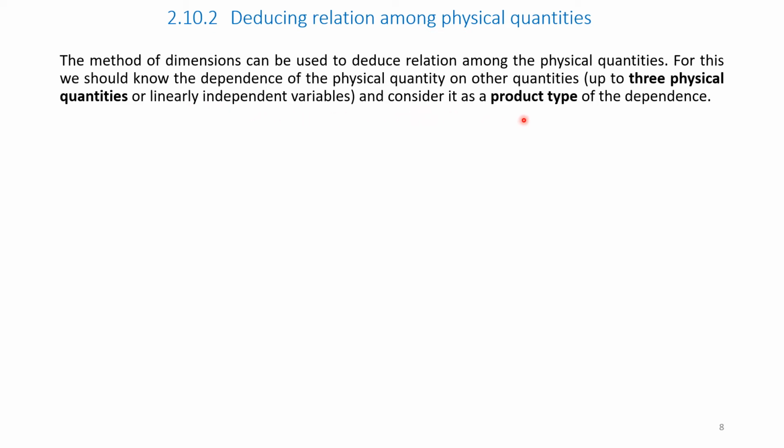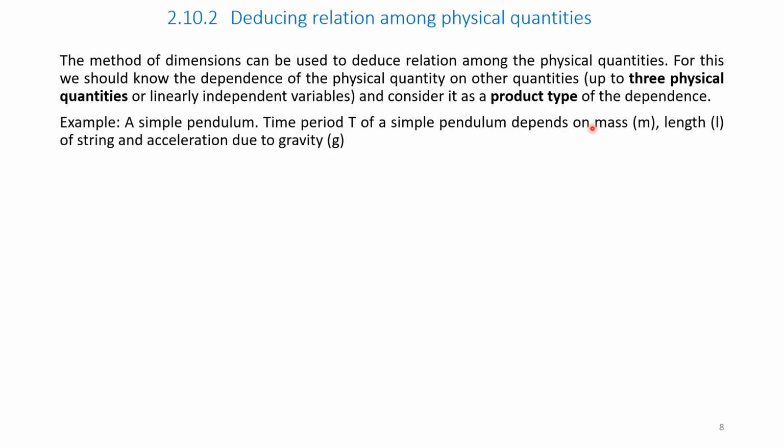Consider it as a product type of dependence. Example: for a simple pendulum, time period T depends on mass, length and gravity. It is given by the relation T is proportional to m to the power of A, L to the power of B and g to the power of C.